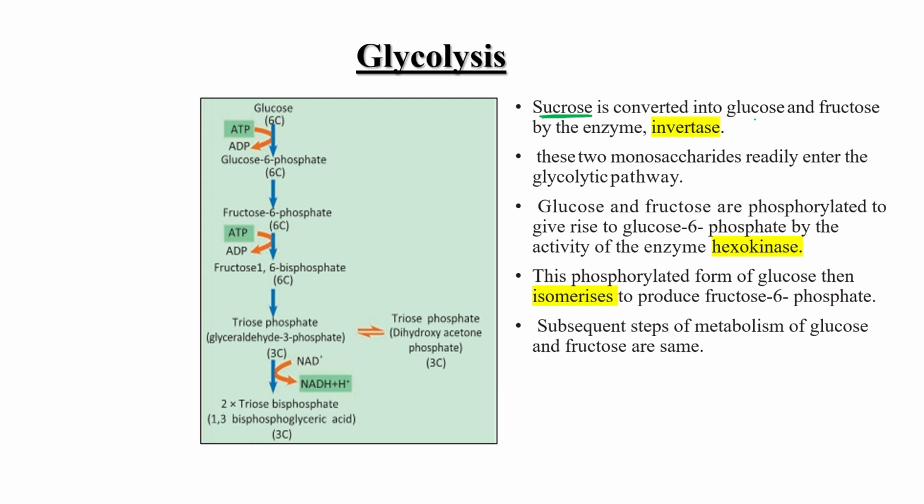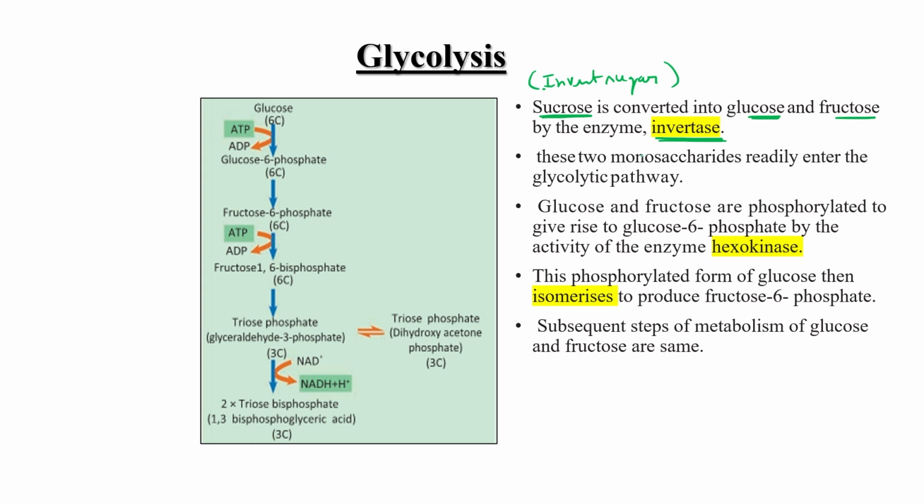We can say breakdown of a disaccharide, that is sucrose, into monosaccharides, that is glucose and fructose, occurs in glycolysis, right? And this is in the presence of invertase. Why? Because we use the term invert sugar for sucrose. Sucrose is also known as invert sugar.